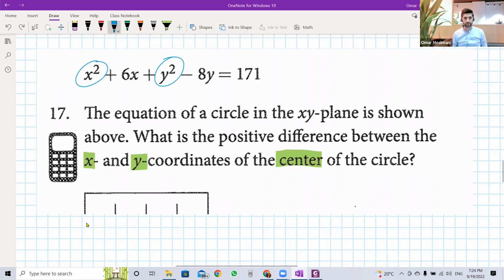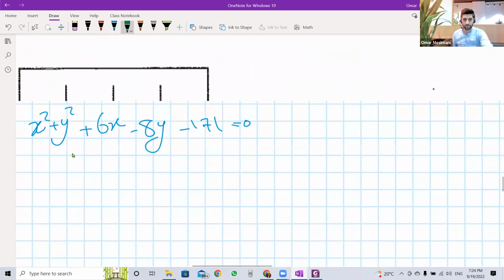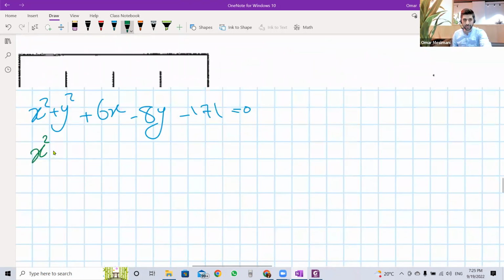So I'm going to do this: x squared plus y squared plus 6x minus 8y, and I'm going to move the 171 to the other side, equals 0. That's when I can say I have the general form. The general form is x squared, y squared, cx, dy plus e equals 0.